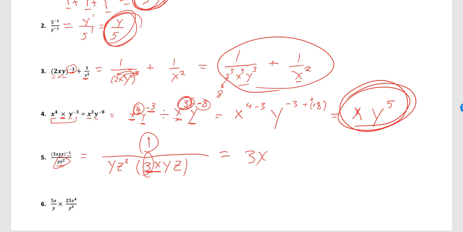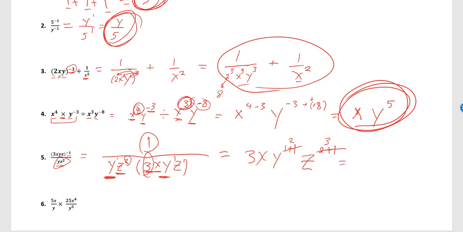And then we have 1y here and 1y here. So y to the first power times y to the first power is y to the 1 plus 1, which is 2. And then z, here I have z squared, and then I have z to the 1, so that's the same as z to the 2 plus 1, which is 3.